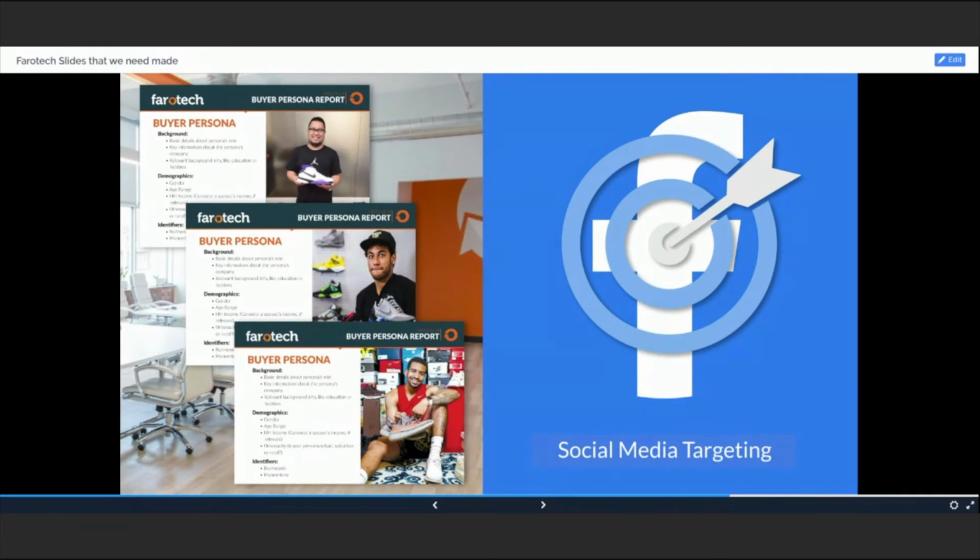The people that come to your website, there's actually going to be a tracking code, in Facebook talk it's called a pixel. And a pixel is going to go onto that potential user's computer. What it's going to allow us to do is target right to these specific buyer personas. So if I'm a shoe enthusiast, I'm going to be able to know that shoe enthusiasts are coming to my website.